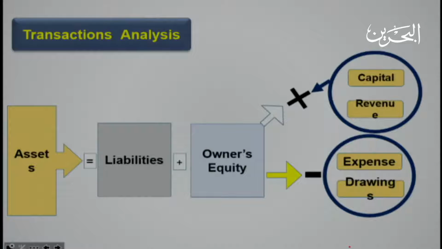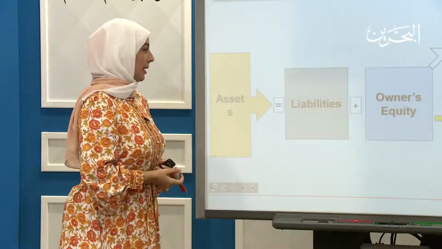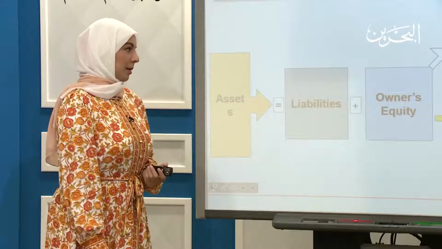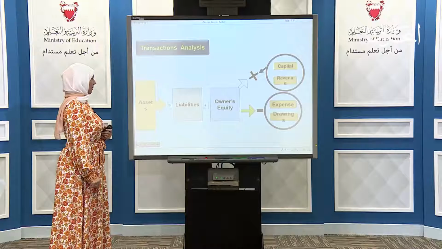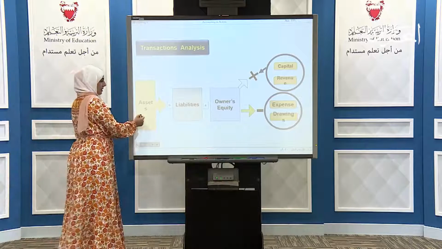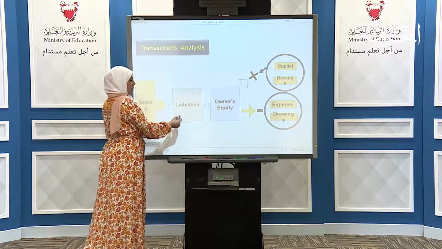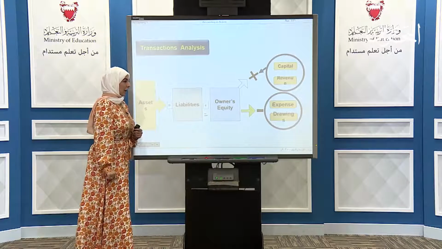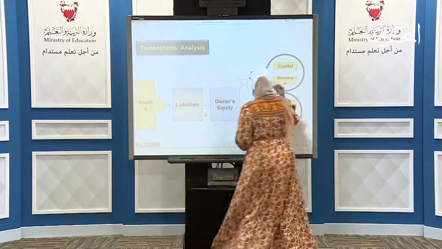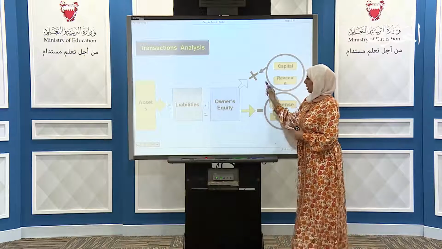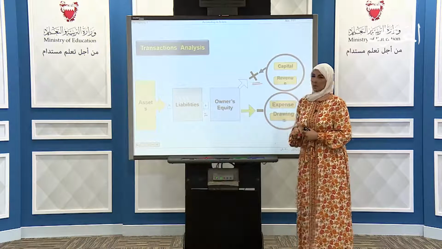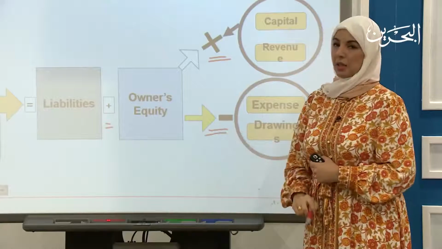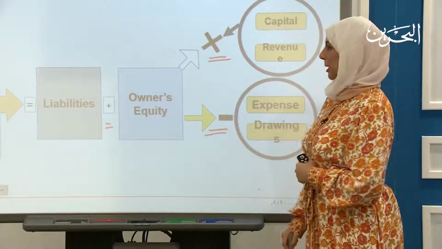Then, my dear student, let us take a look at our equation and explain it in more detail. I have the assets. It will be equal to the liability plus the owner equity. But in the owner equity side, I have two parts. The first part will increase the owner equity of the company, and the other part will decrease the owner equity of the company.